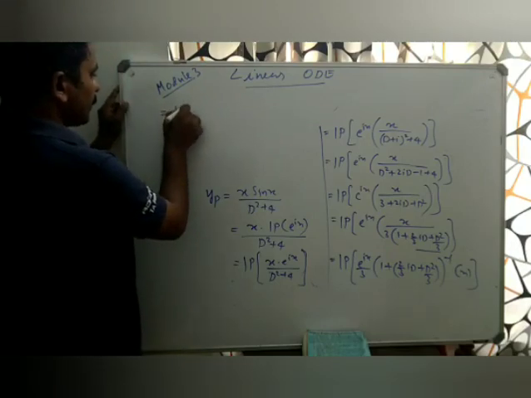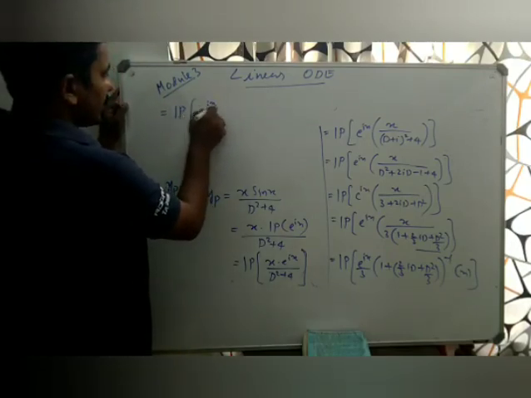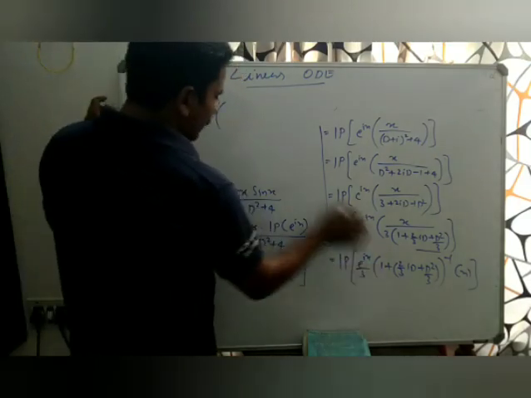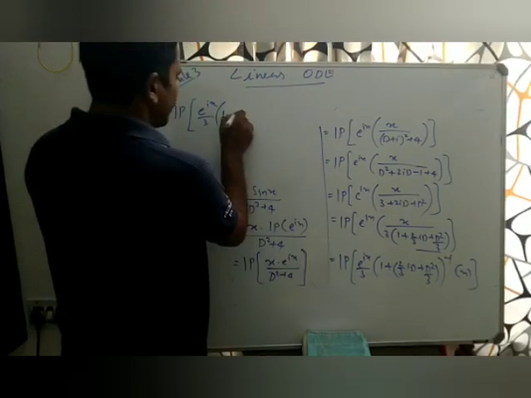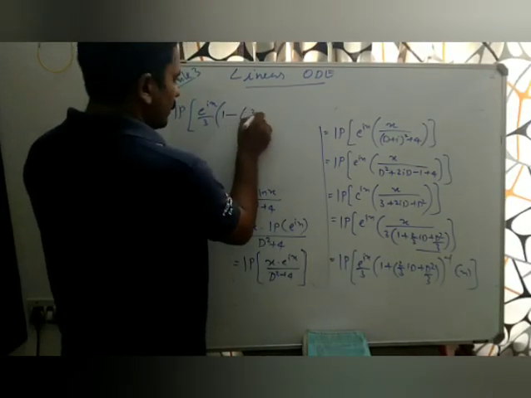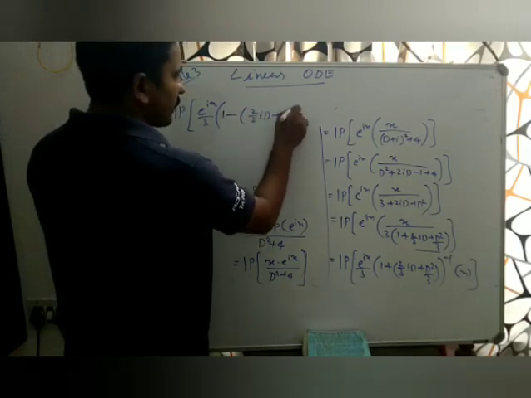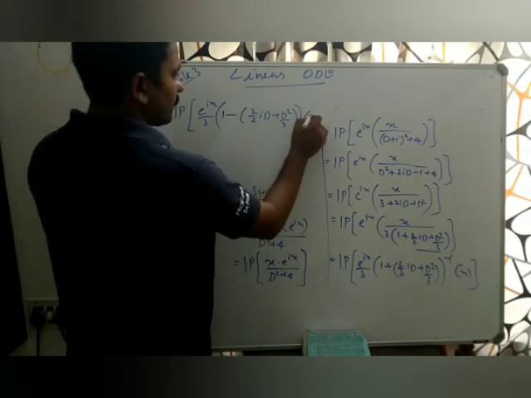It is equal to imaginary part of e to the power ix by 3 times, formula is just 1 plus x all raised to minus 1. So 1 minus 2 by 3 iD plus D square by 3 of x.